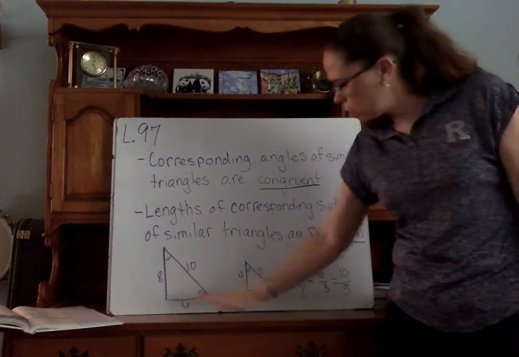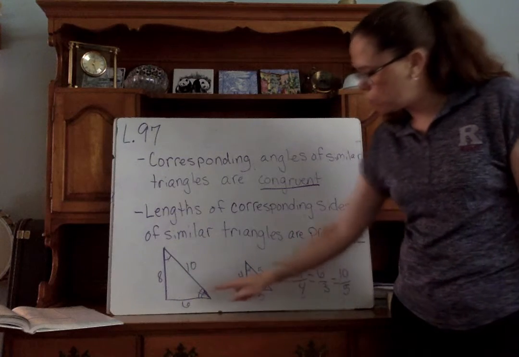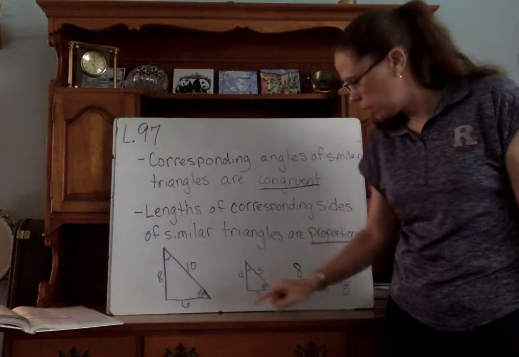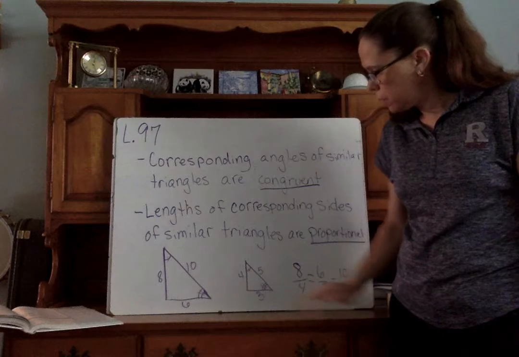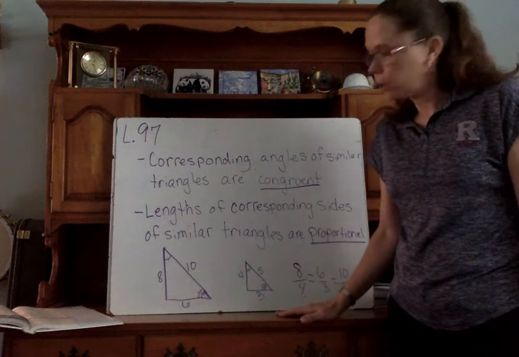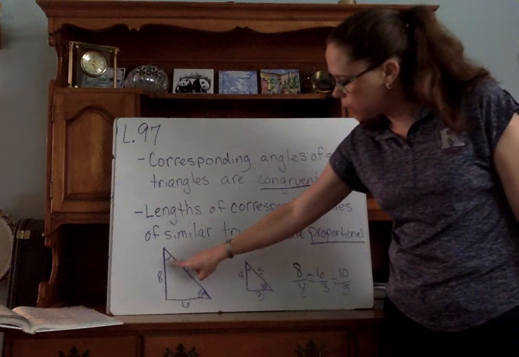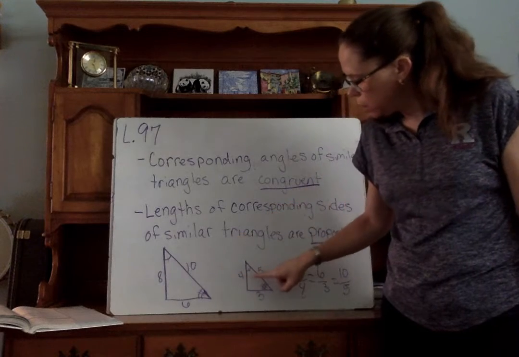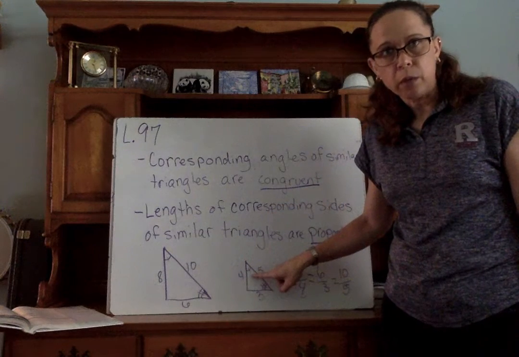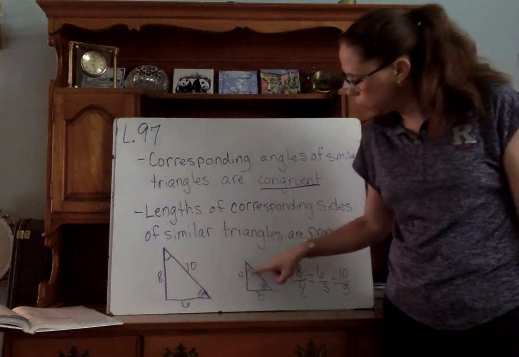So let's look at these two triangles I've drawn. I've drawn a 6, 8, 10 triangle and a 3, 4, 5 triangle. I'm saying these triangles are similar, and the way I'm showing that is this angle with one tick mark matches this angle with one tick mark. These two angles are congruent.